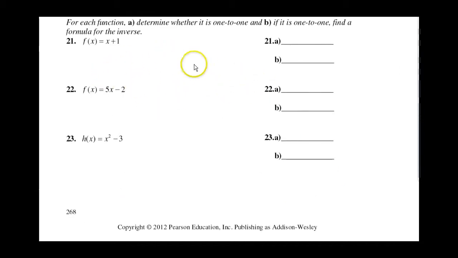Okay, now for number 21, what we want to look at is determine whether it is a one-to-one relation, and if it's one-to-one, find the formula of its inverse. So we see that this is y equals x plus 1, which is just a nice straight line, which is one-to-one. So yes, it's one-to-one.